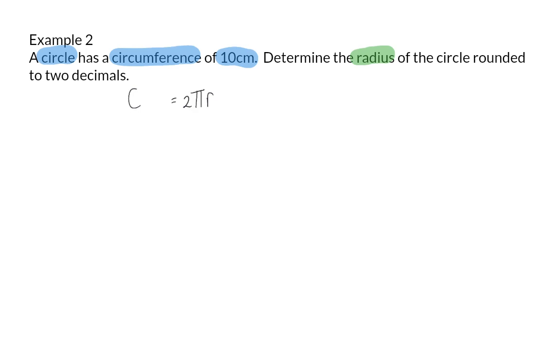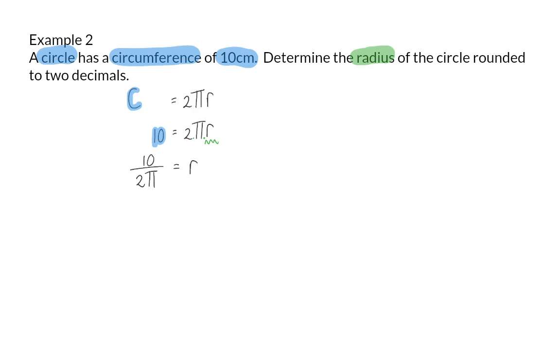We were given one piece of information, and that is that the circumference is 10 centimeters, so now I can substitute. The 10 on the left-hand side will then be equal to 2 pi radius. We want to solve r, the radius, which means we want to get rid of the 2 times pi that is multiplied to this radius. Remember that pi is also a value, so to get rid of the 2 pi, we can divide both sides, and then on the left we'll have 10 divided by 2 pi.